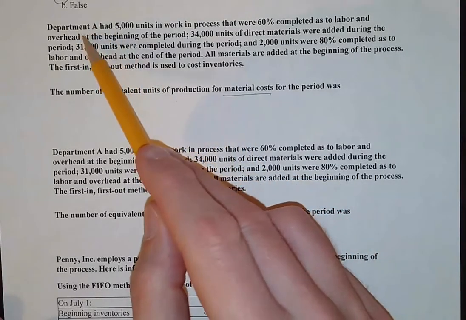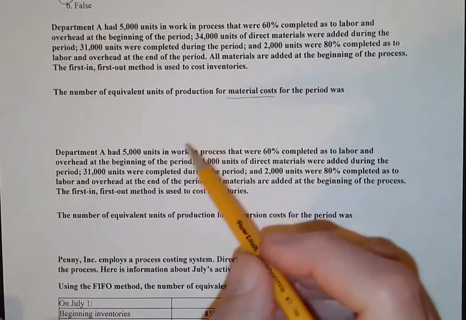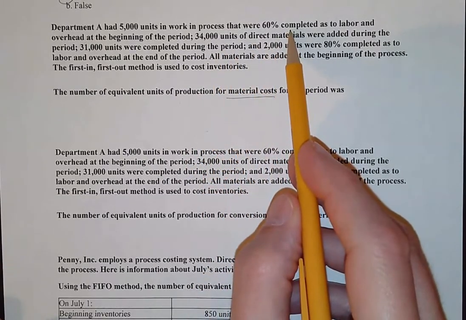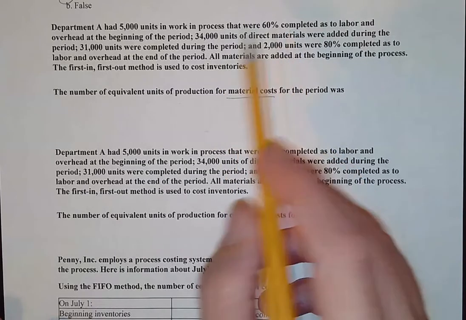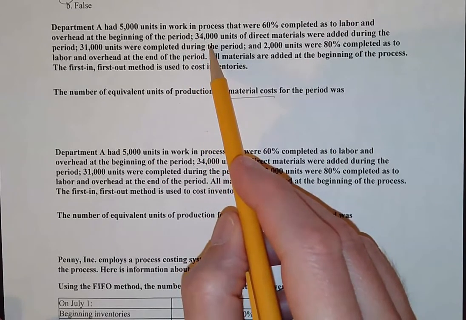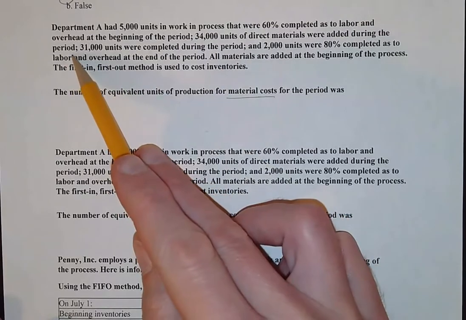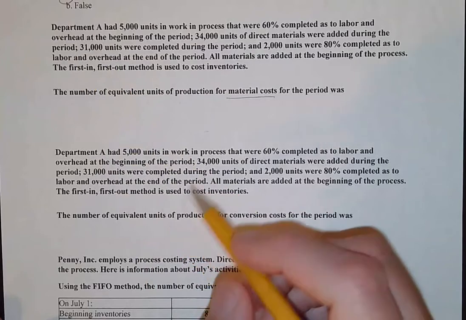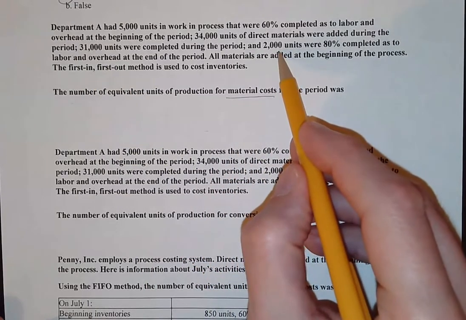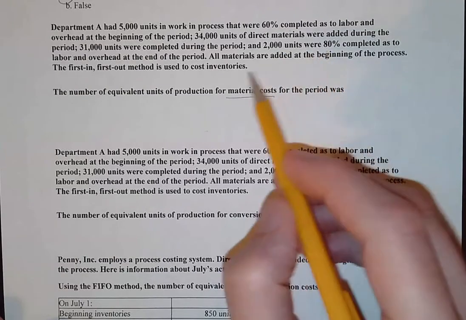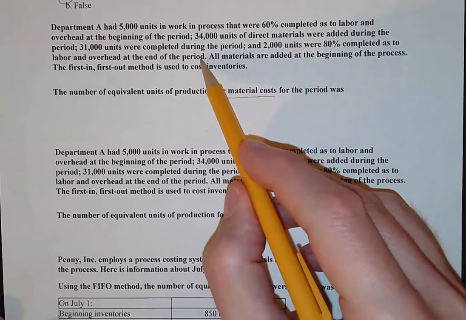Okay. So let's just see what we have here. It says Department A had 5,000 units in work in process that were 60% completed as to labor and overhead at the beginning of the period. All right. 34,000 units of direct materials were added during the period. 31,000 units were completed during the period, and 2,000 units were 80% completed as to labor and overhead at the end of the period.